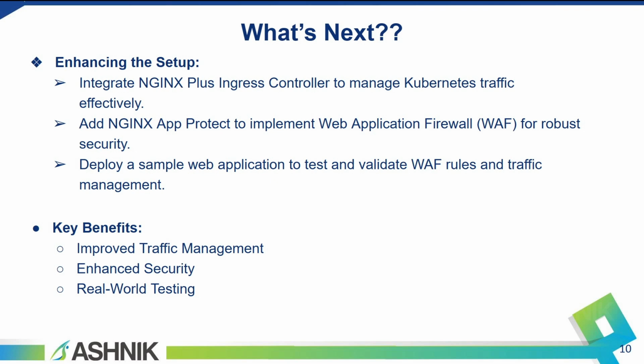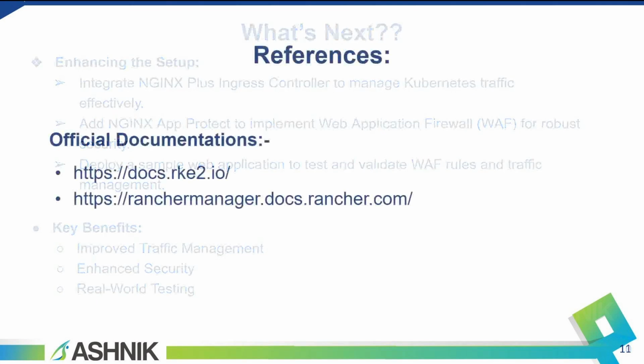Then we'll deploy a sample application to test and validate the WAF rules. Looking forward to the key benefits, we have improved traffic management with the help of Nginx Plus. Then we have enhanced security, and we will have a real world testing scenario as well.